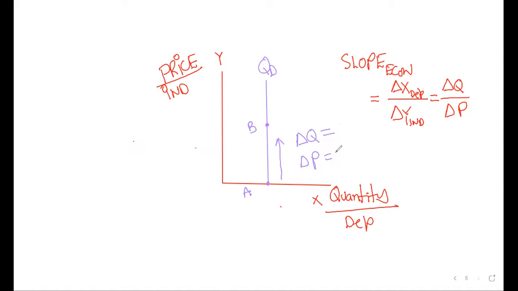Probably in undergrad you saw a demand function like this. So as we move from A to B, what is the change in Q? 0. As we move from A to B, what is the change in P? It's positive. Positive, and it can be anything. If we carry on moving, this will keep getting bigger, right?